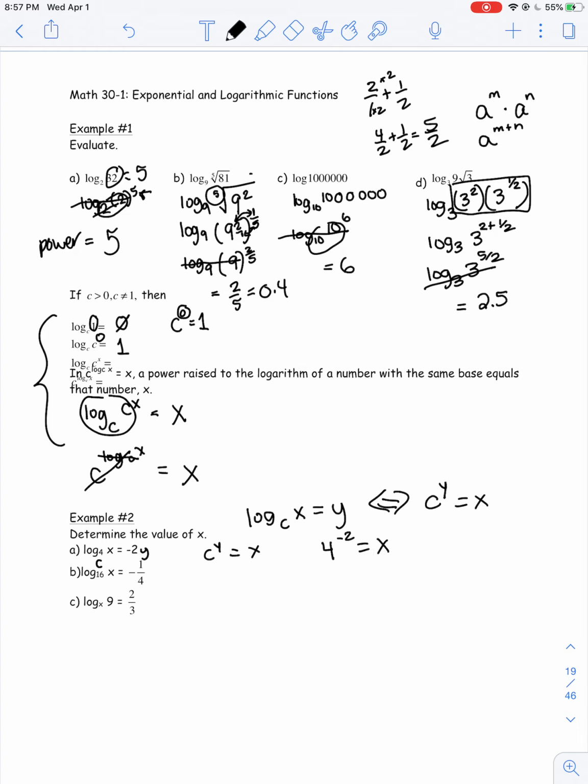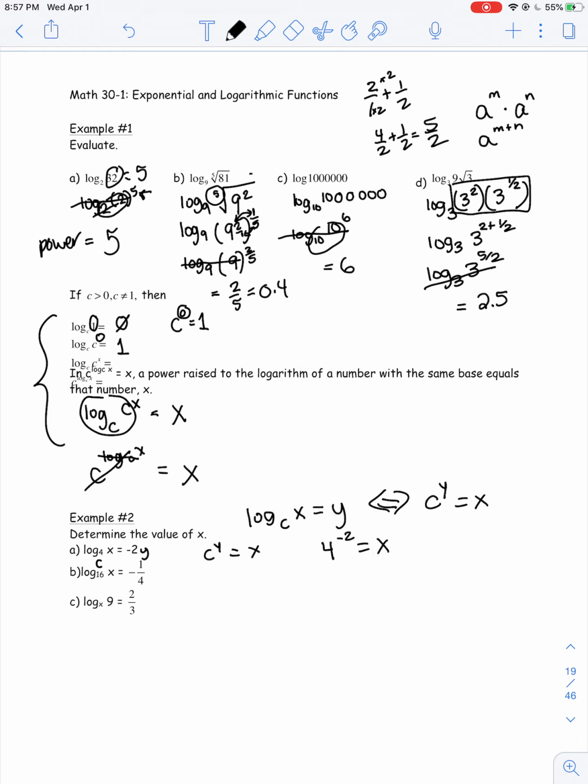So 4 to the power of -2 equals 0.0625, which we can change to a fraction, so x is equal to 1 over 16 for the first one. B. Again, I like to label it: 16 as c, your x stays the same, and this is your y. So we need to write it as c to the power of y equals x.